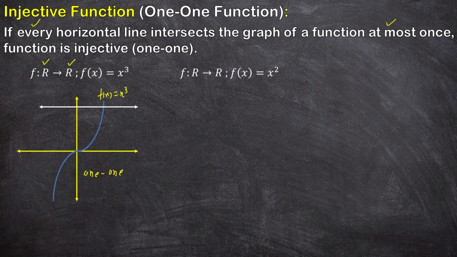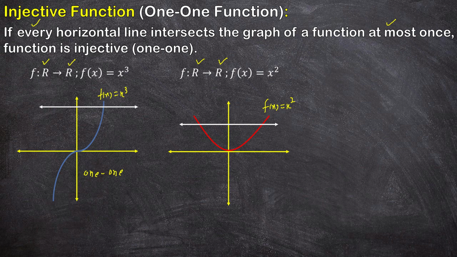Let's take another example. f from R to R defined by f of x is equal to x square. The domain and codomain of this function is also the set of real numbers. Let's draw the graph of this function f of x is equal to x square, which happens to be a parabola. We draw a horizontal line.